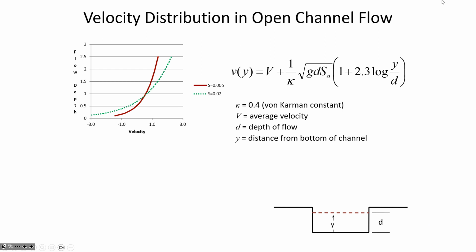So inside this logarithm is the ratio of your depth at a certain location to the overall depth, and with the slope of the channel and this von Karman's constant, this is just a way of estimating the velocity at that given depth that you're interested in. And so this has been plotted to show at a couple of different slopes how it does give you a curved velocity profile.